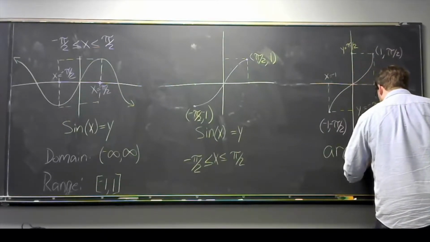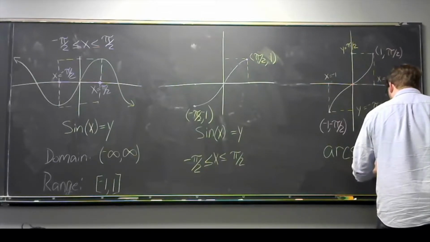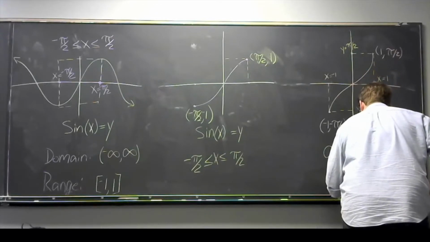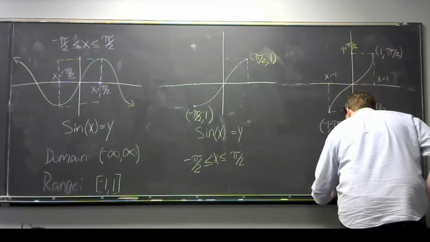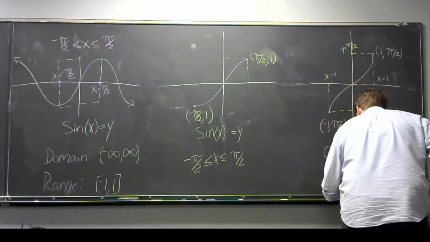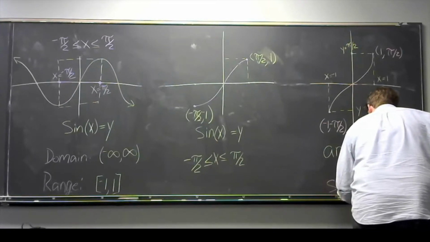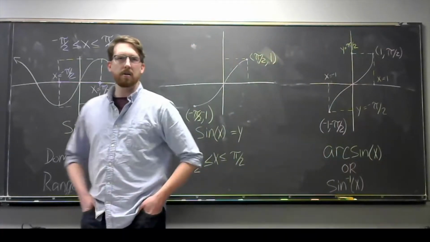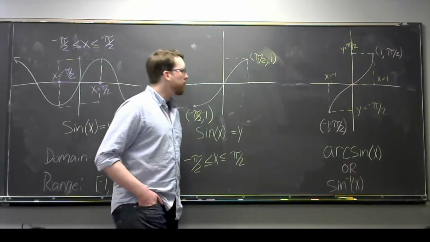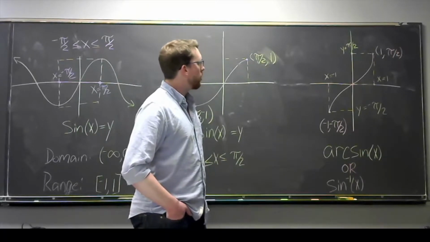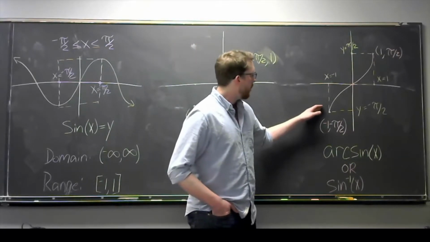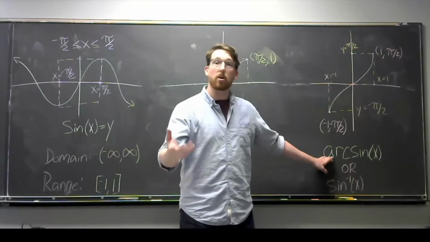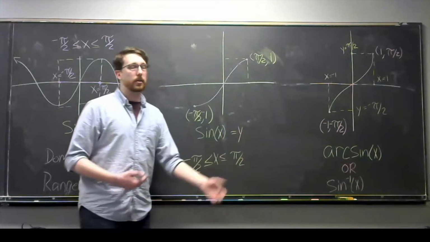Arc sine of x, or sine inverse of x. So this is the graph of what's called arc sine of x, or equivalently, we can also call it sine inverse of x.